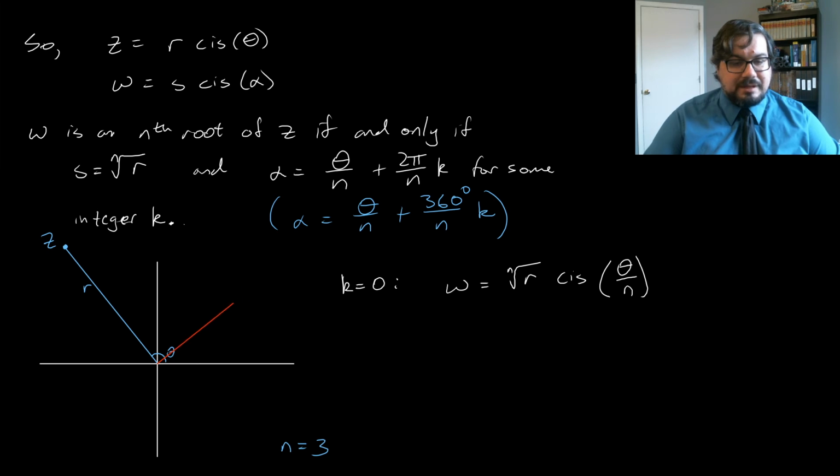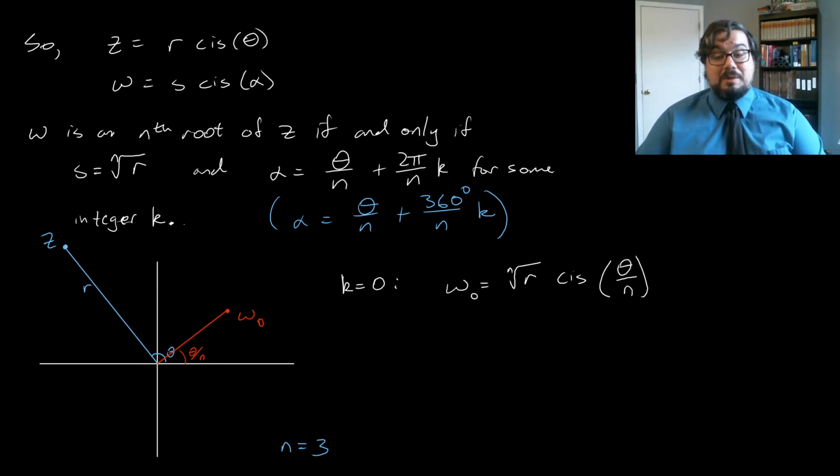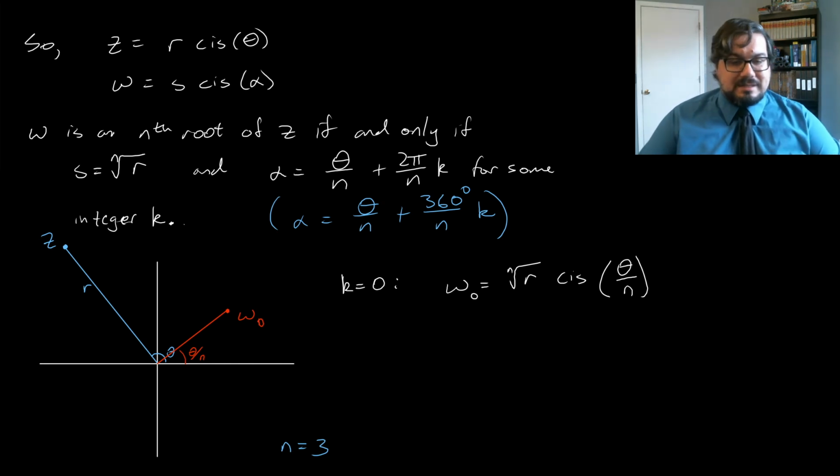So here's our first one. So this right here is theta over n, and I'll call this W0, the W corresponding to 0.